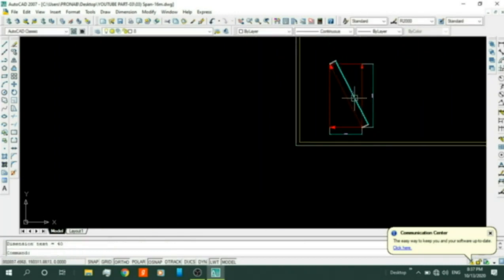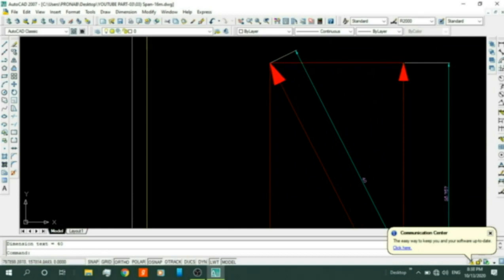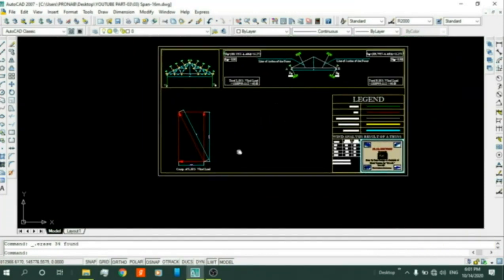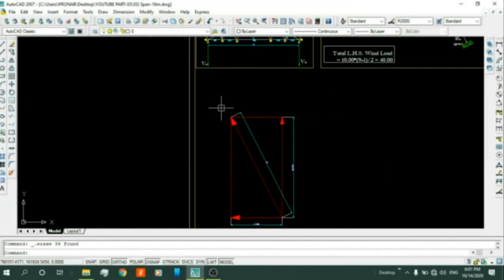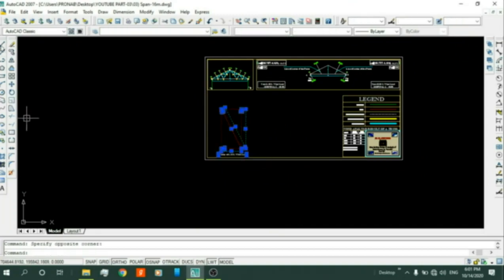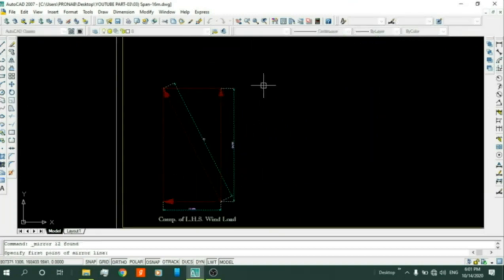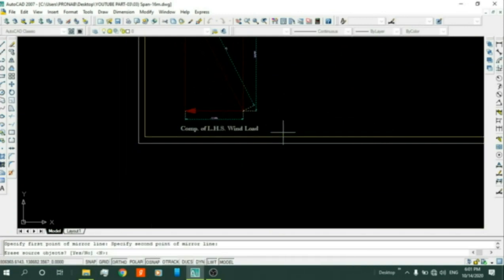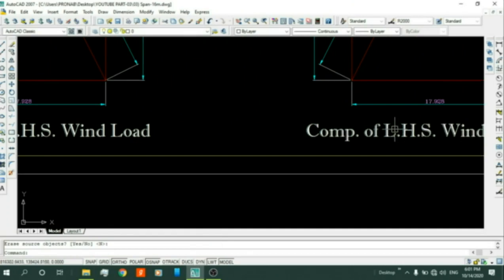This is 40 kilonewton. This is 40 kilonewton. Now for right hand side, I'm just mirroring this image. That's the right hand side.